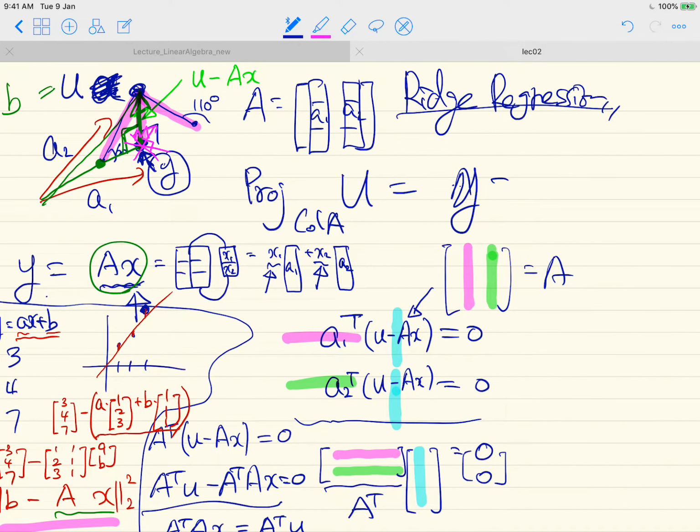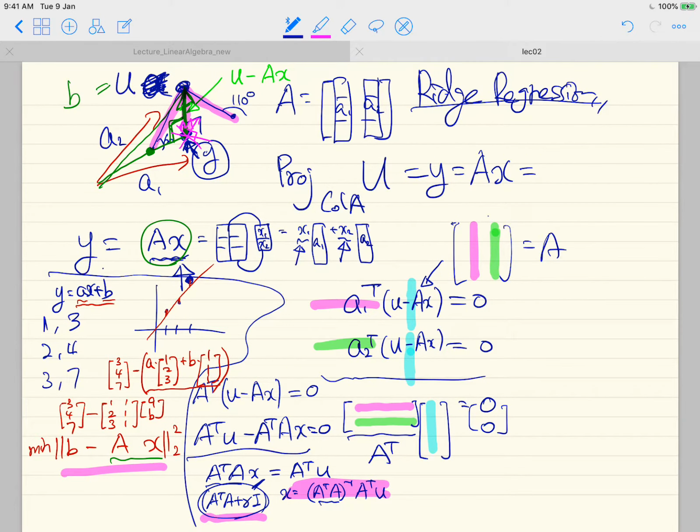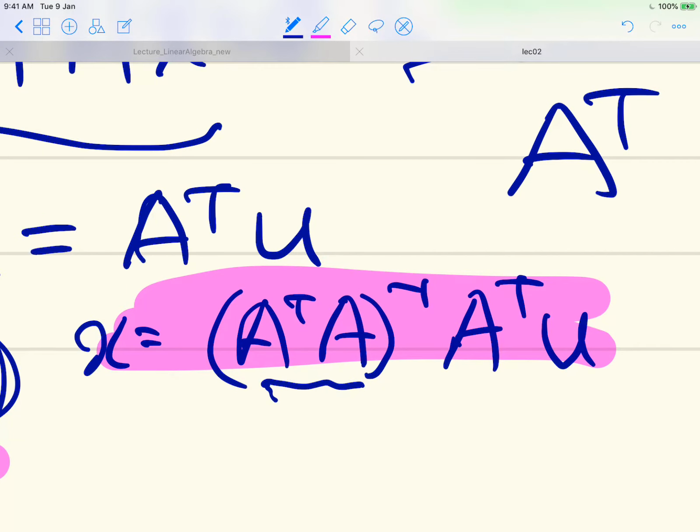So this is Y, right? Because Y was defined as an orthogonal projection, but Y is represented as A times X, right? And what is the vector X that satisfies the orthogonal projection, not another non-orthogonal projection? In order to satisfy that orthogonality, X should satisfy this solution, right?